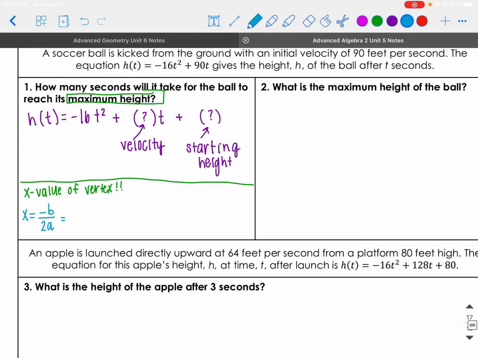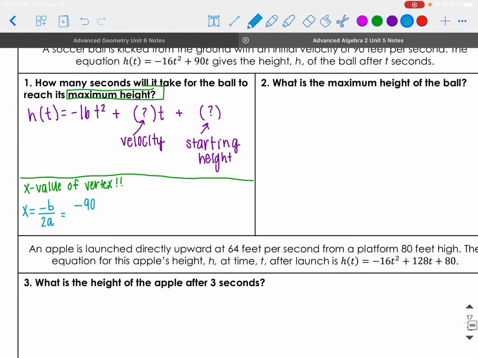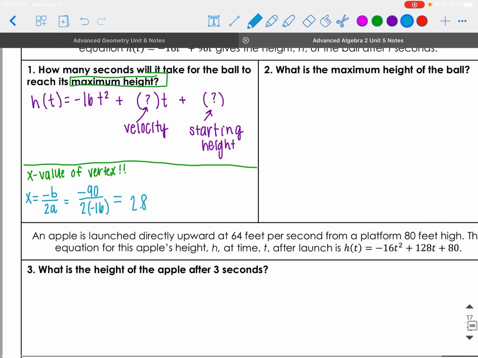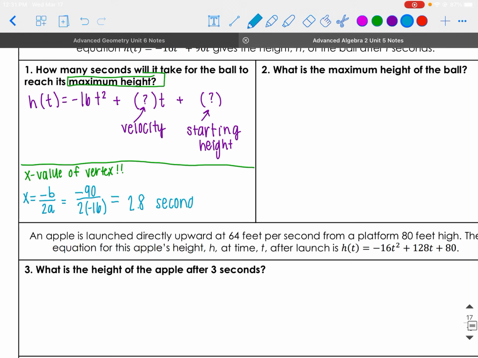So I'm going to look back at my function here. So negative 90 over 2 times negative 16. And on these problems, all decimals are okay. Don't have to simplify radicals, just give me decimals. And we get 2.8 seconds. So that's how long it took the ball to reach its peak.